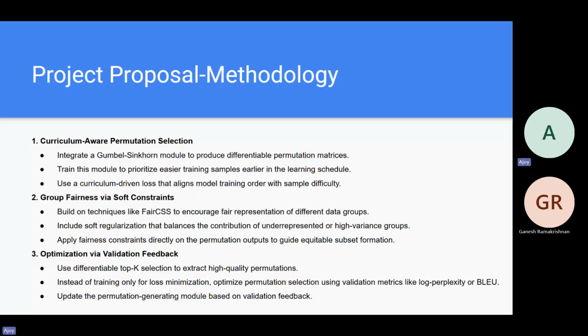Using Gumbel Sinkhorn, we will get a doubly stochastic matrix, and then we will use a loss function and find the losses for it in the training data.